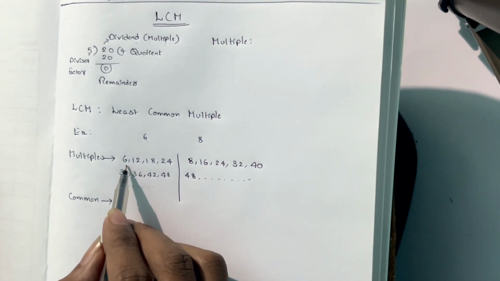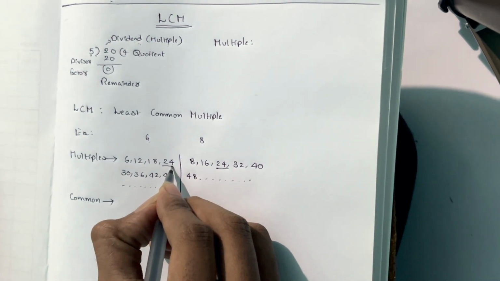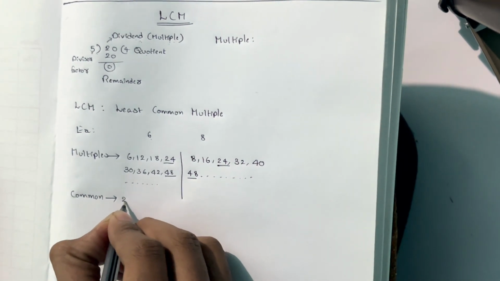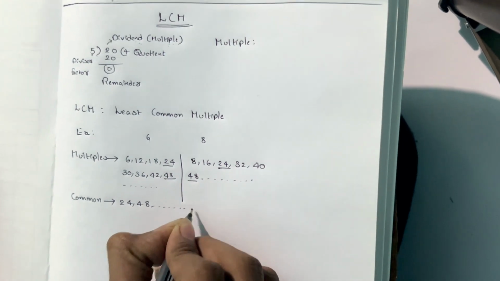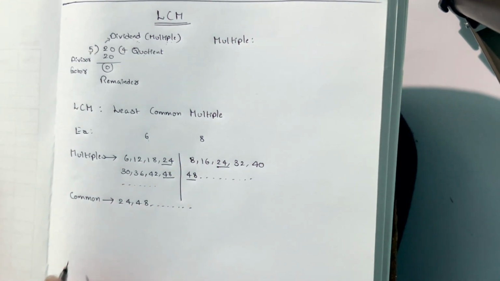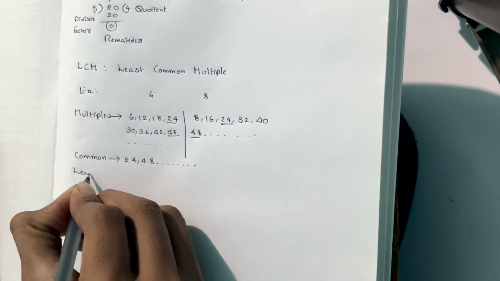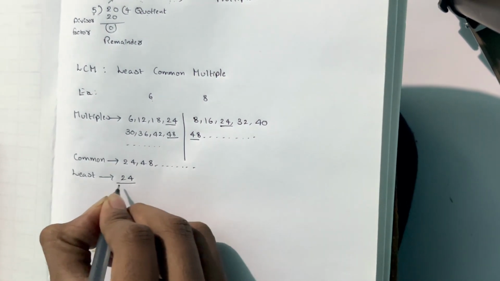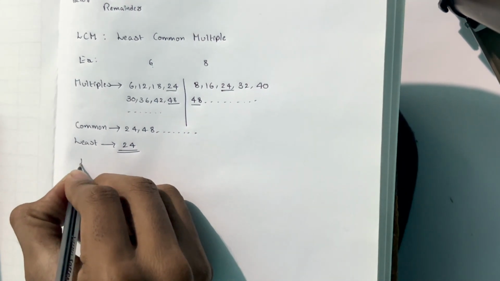Here we can observe 24 is common, 48 is common, 24, 48, and so on. And we want the least one, that is 24, and this we call the LCM.